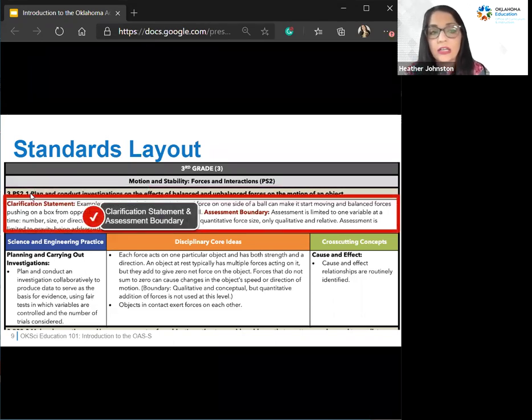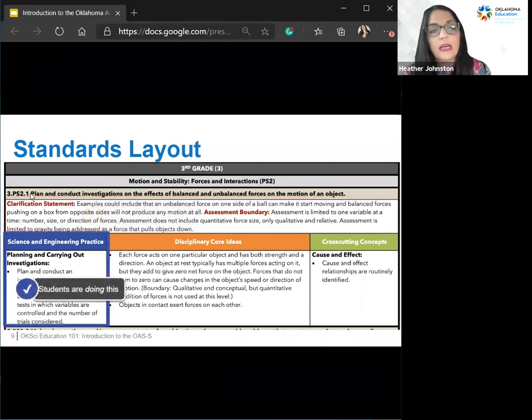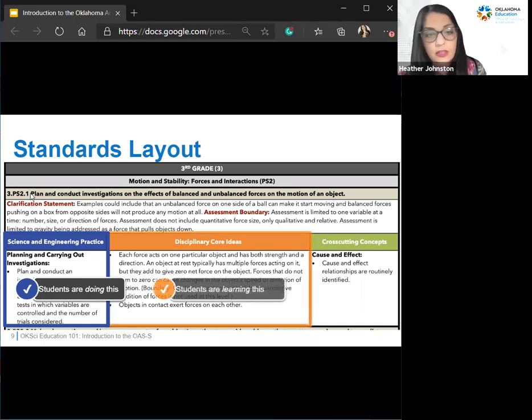The next section here is our clarification statement and our assessment boundary, and we'll get into those details in just a little bit. And then we have our foundational boxes at the bottom. And so we have science and engineering practices. These are things that students are doing in the classroom. We have our disciplinary core ideas.